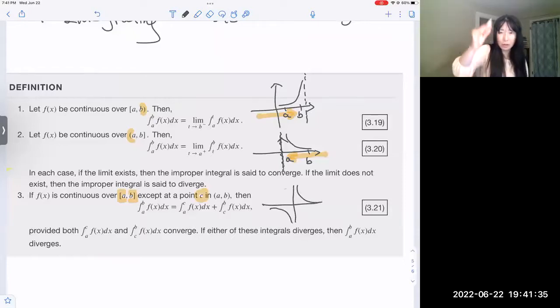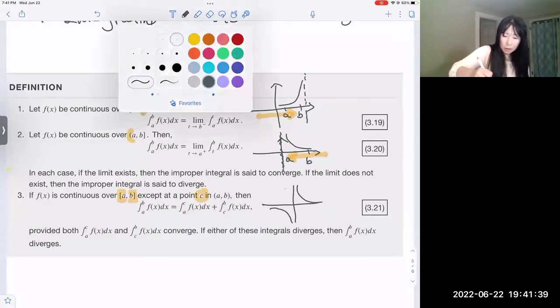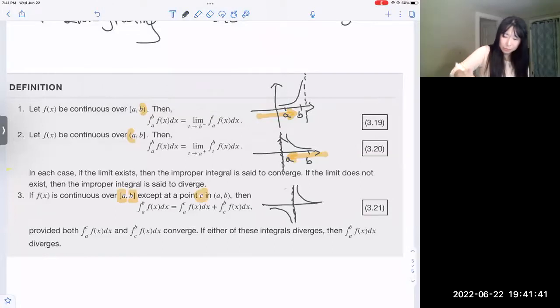Don't say that it's touching, it's not touching. Okay, here there's an asymptote, right? Then in this case, the 0 is not continuous, right? Which is C, right? X equal to C, which is 0 in this case, all right?